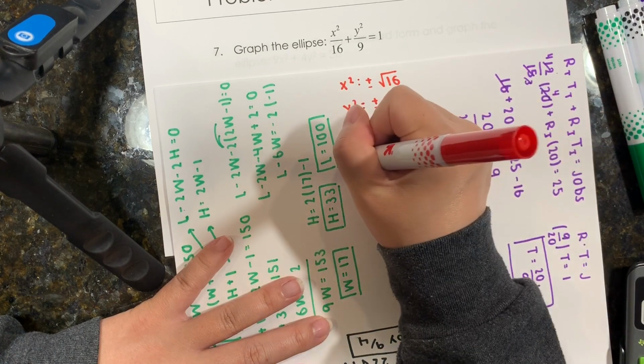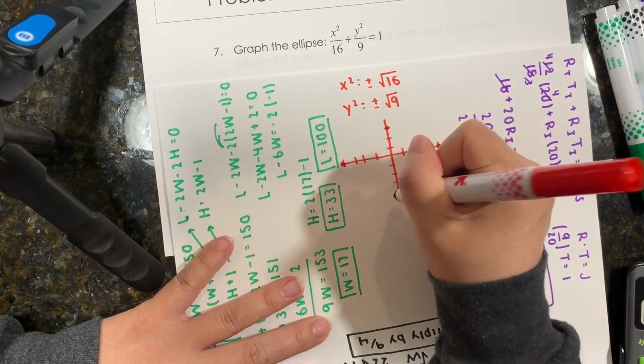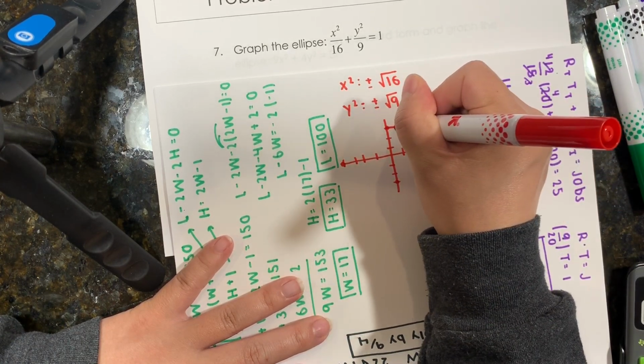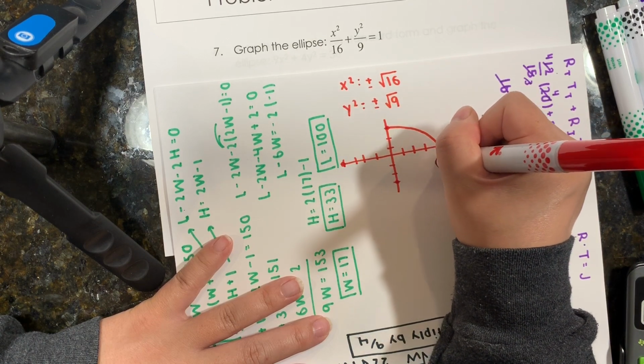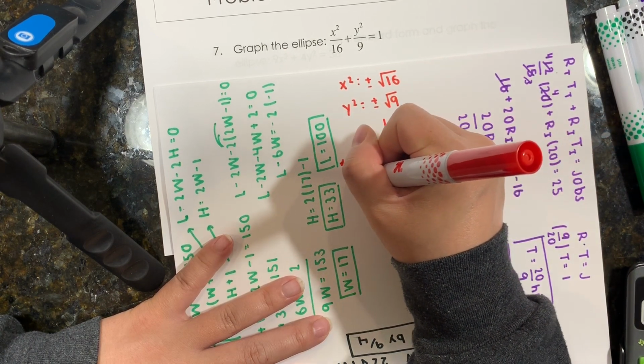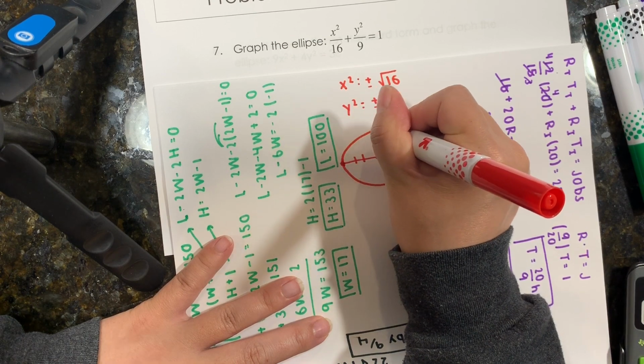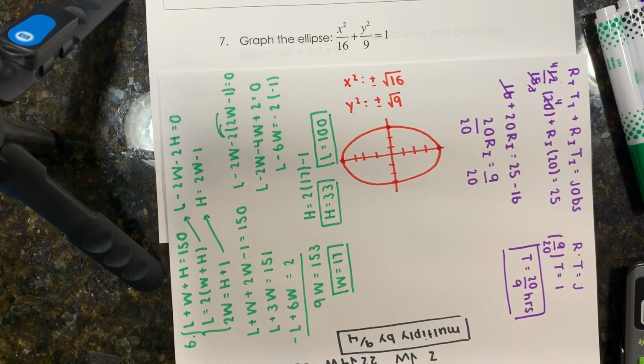So that'd be 4 away and 3 away. And you just need to connect the dots. And that's your result for number 7.